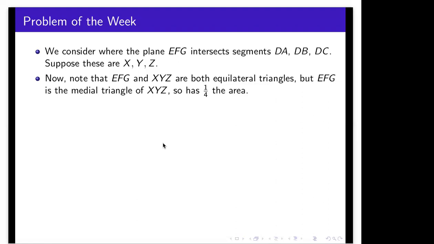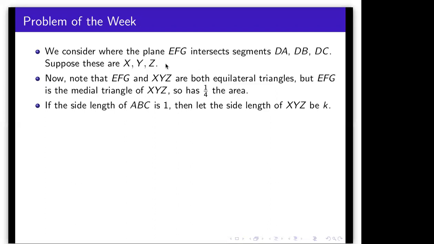Now, we still don't know much about the side lengths of XYZ, right? So let's just suppose that the side length of XYZ is K, where the side length of ABC is 1, right?